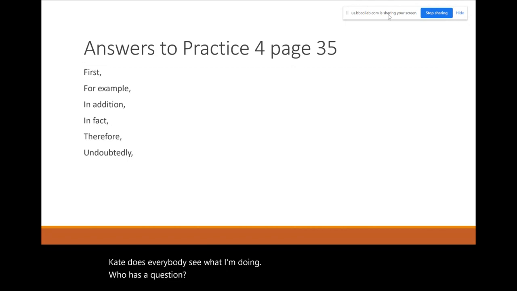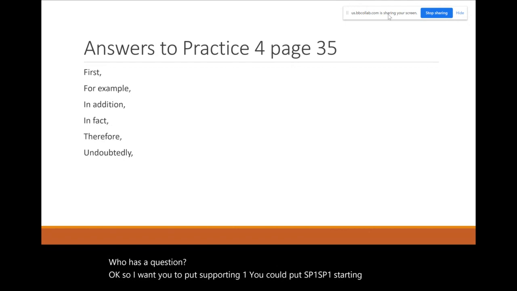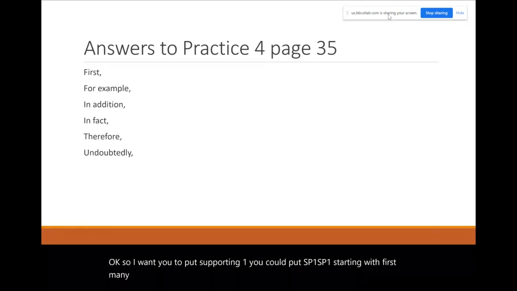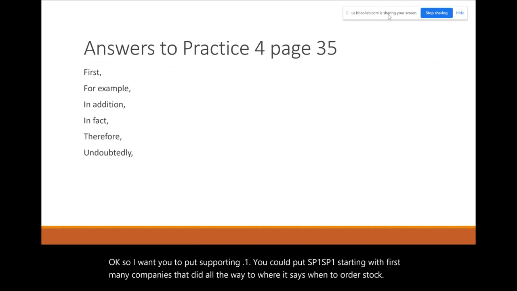Okay, so I want you to put supporting point 1. You could put SP1. Starting with "first, many companies," all the way to where it says "when to order stock." Oh, actually, no, this one has another one.